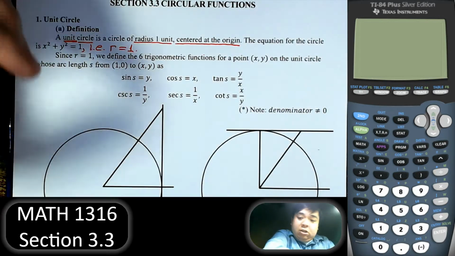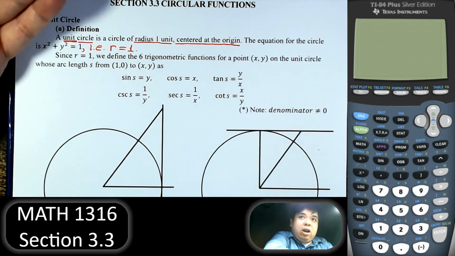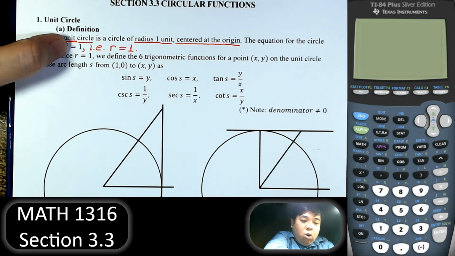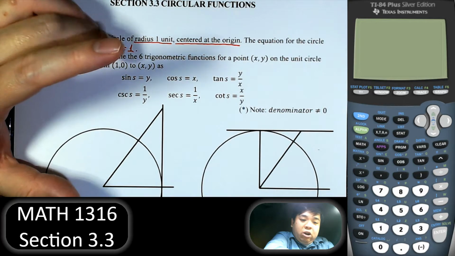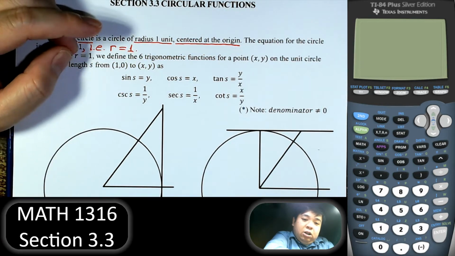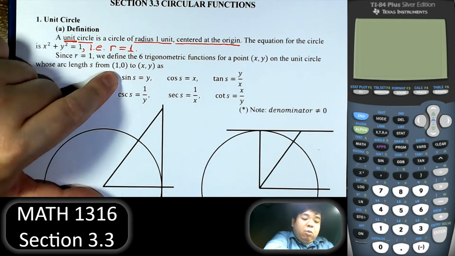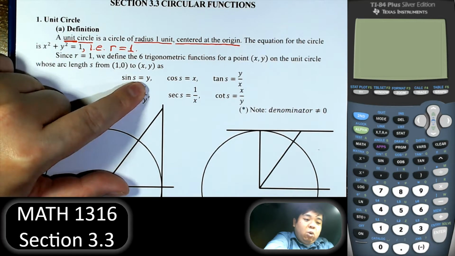Because x squared plus y squared equals r squared and r is always positive, r is 1. Now, since r is 1, we define the 6 trigonometric functions on the unit circle whose arc length s from the point 1, 0 to x and y as follows.